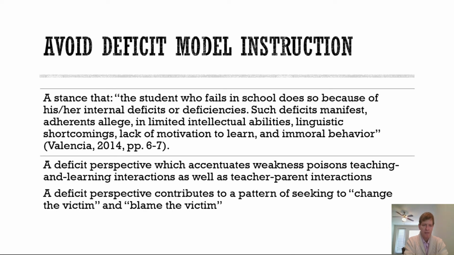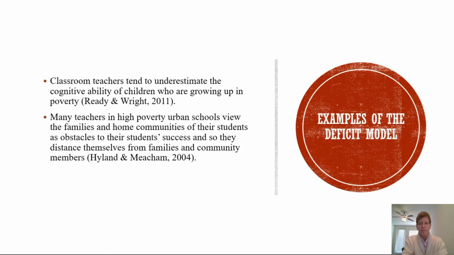And it poisons your teaching. It poisons the learning interactions that you engage in. So please be very careful about that deficit model. For instance, sometimes classroom teachers will underestimate the cognitive ability of children who are growing up in poverty. And that's not good. That's called the deficit model. That shows negative biases, negative stereotypes.